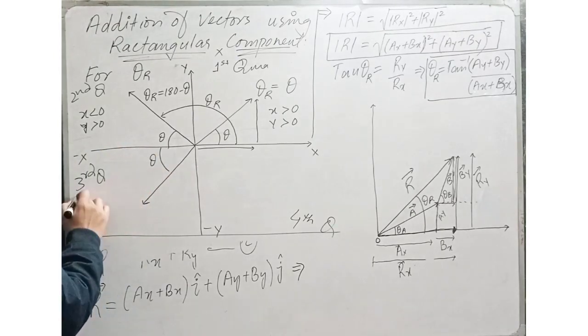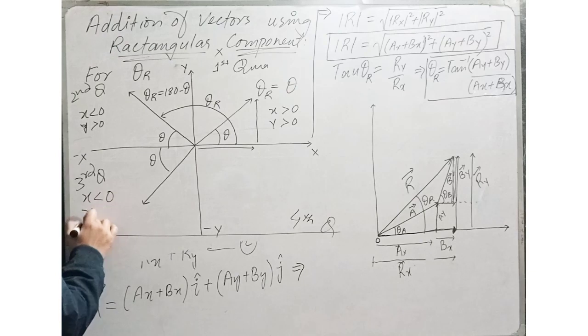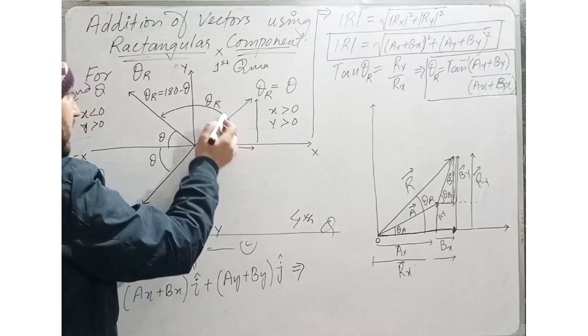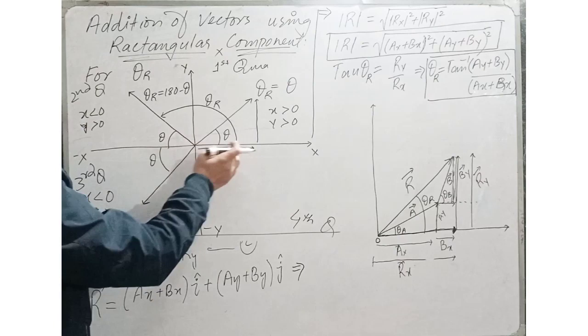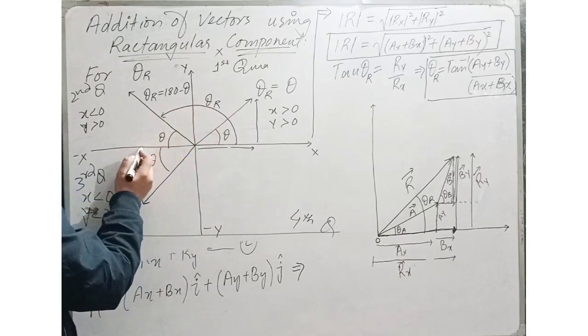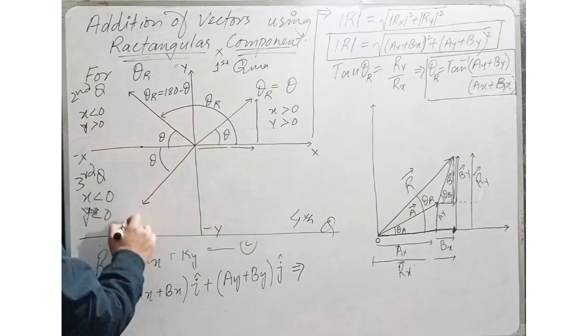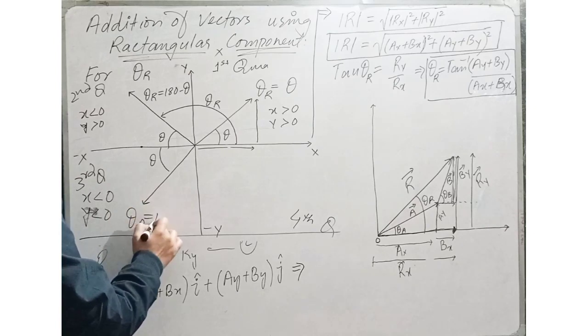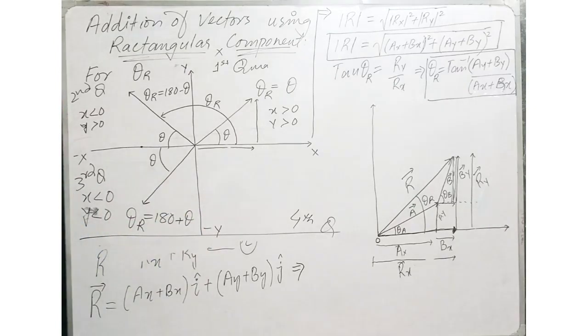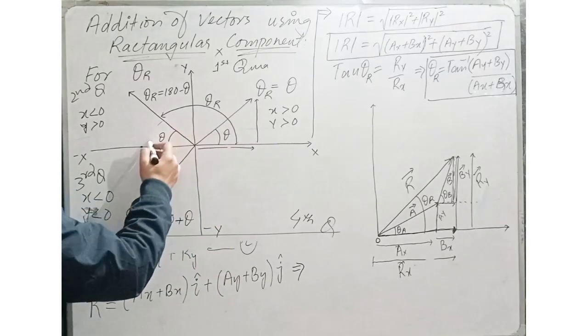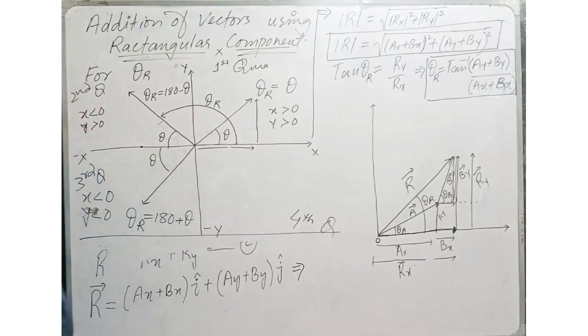Now it is only possible when both x and y are negative, so both are less than 0. Over here we can measure the total angle from the positive x-axis. From this point to here the total angle will be 180. So in order to find theta r, we have to add this angle to 180 degrees, right? Because the angle subtended at a straight line will be 180 degrees.